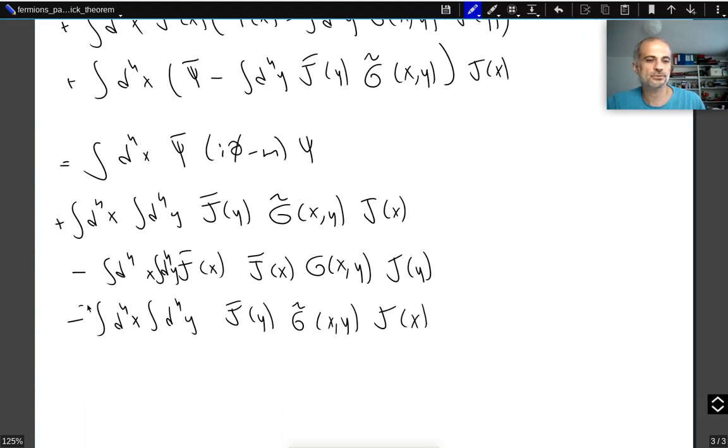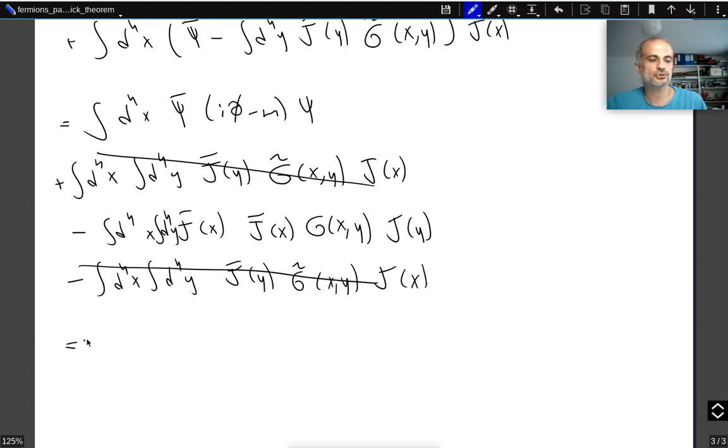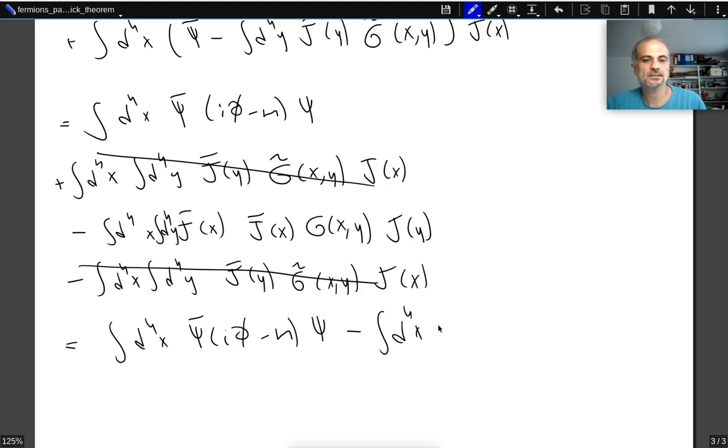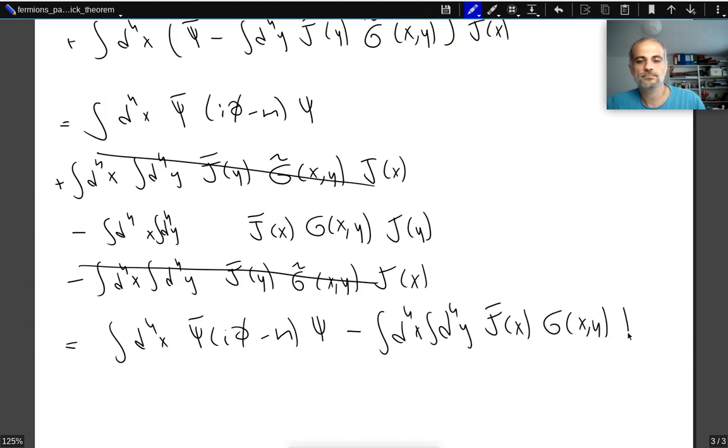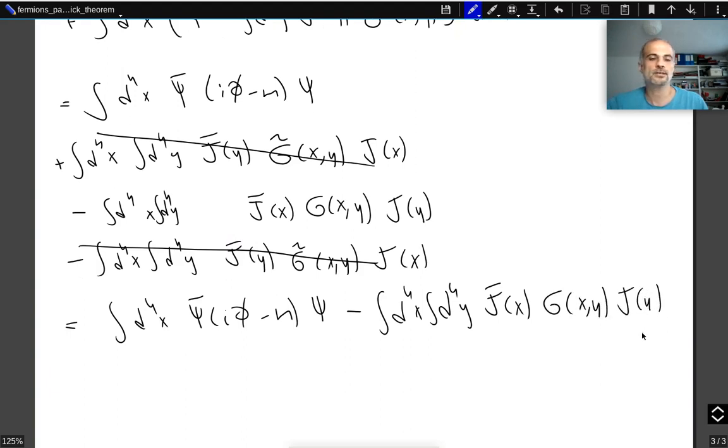And you see that this term cancels this term, so the exponent just becomes ∫d⁴x ψ̄(i∂̸ − m)ψ minus ∫d⁴x d⁴y j̄(x), right, okay, there's just one of these, g(x,y) j(y).